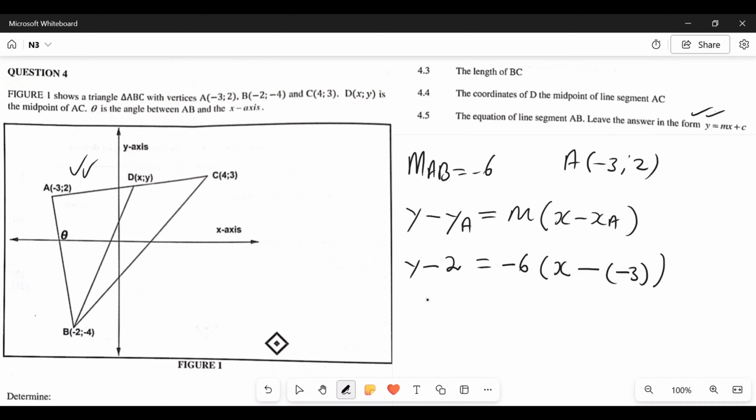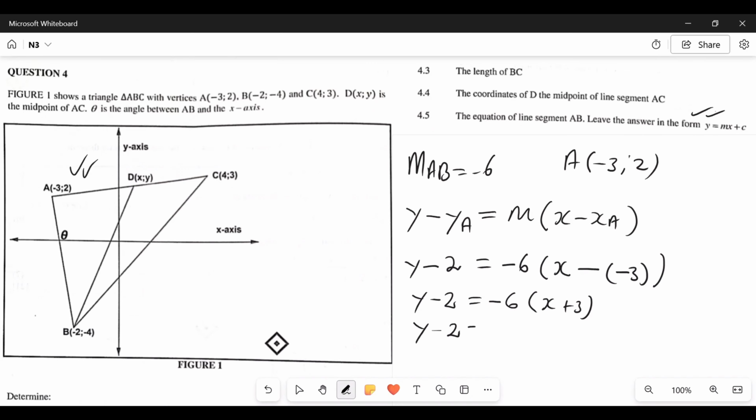We rewrite our left hand side as it is, and on our right hand side we write -6 and then open bracket, x, but negative multiplied by -3 gives us +3.